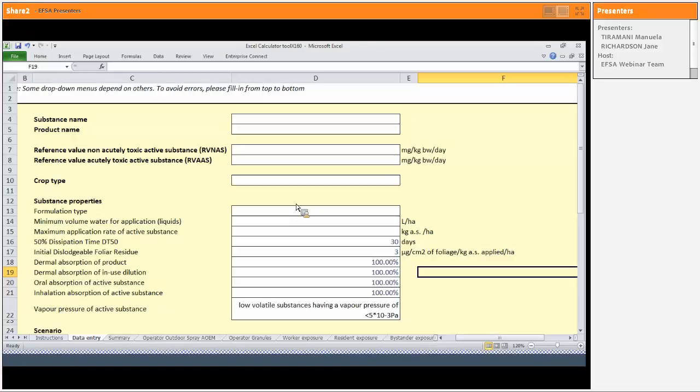So when the methodology is finalized, we will have the chance to include this in the guidance, in the calculator, without the necessity to change too much.